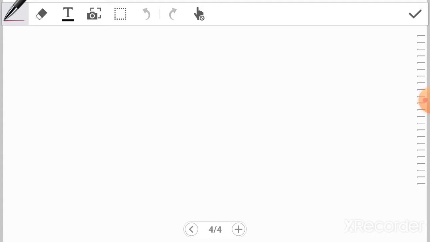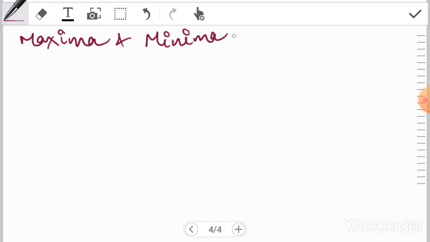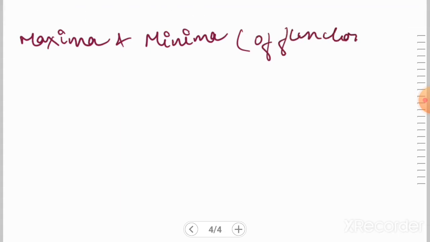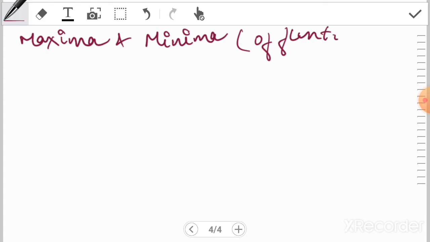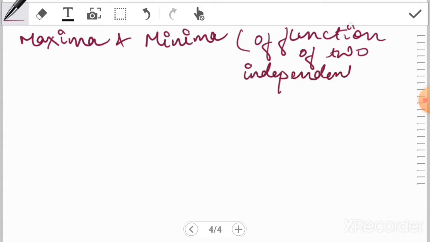Now let us learn the working rule to find out the maxima and minima of a function of two independent variables.